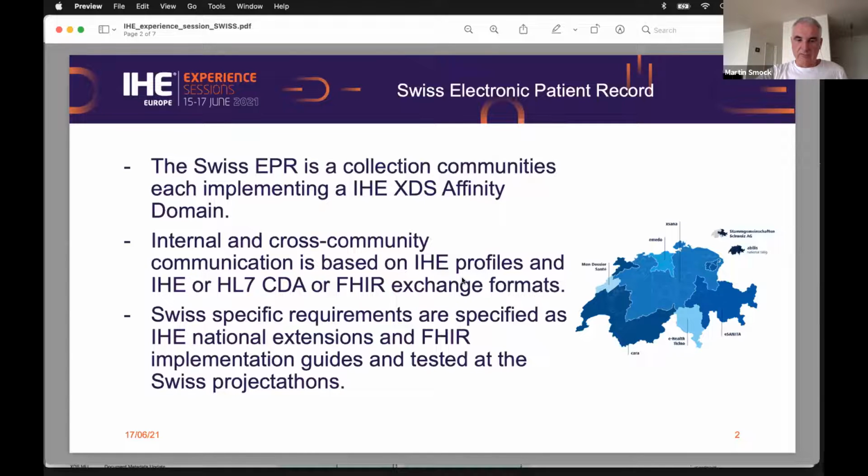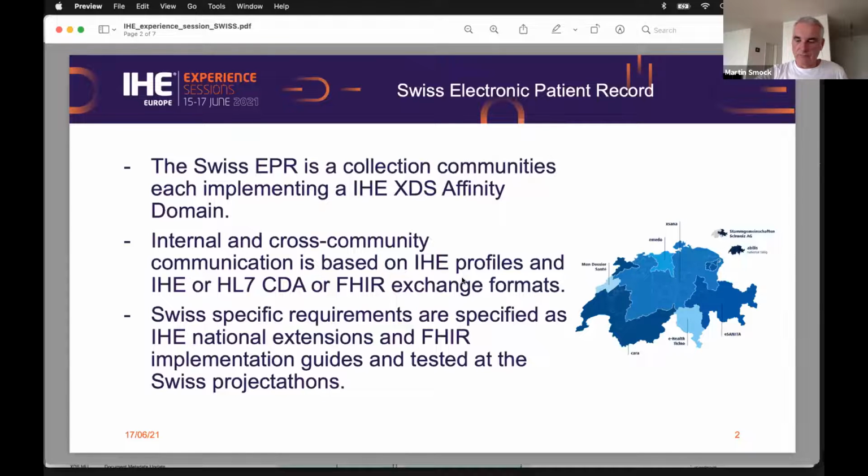All the requirements we put on the implementations of the communities as well as the primary systems connected to the communities are specified as IHE national extensions and/or FHIR implementation guides depending on the problem, or CDA implementation guides we also maintain in Art-Decor, as you saw before.